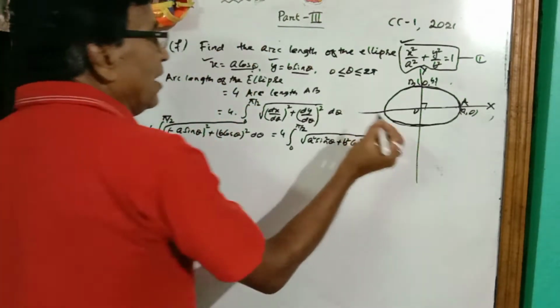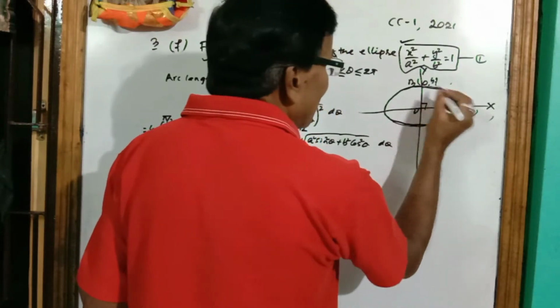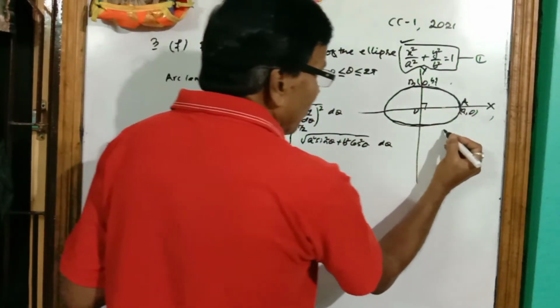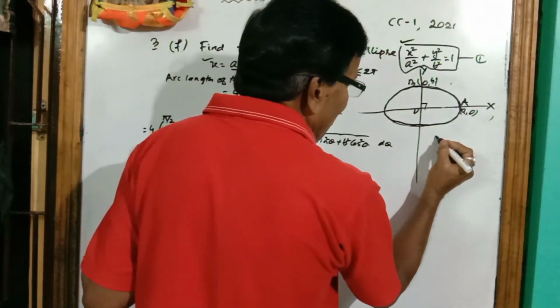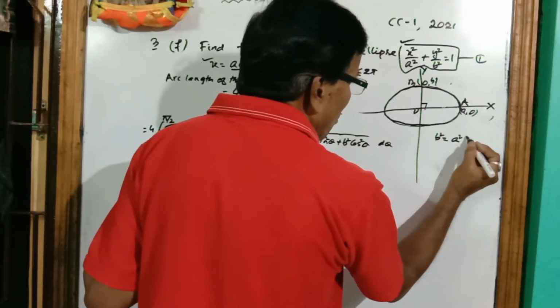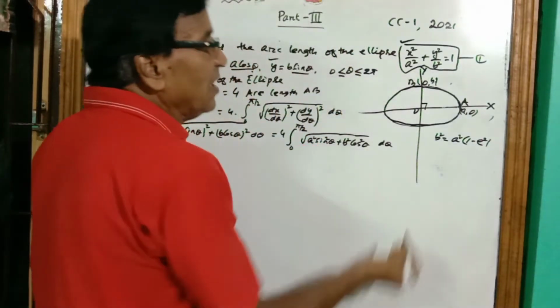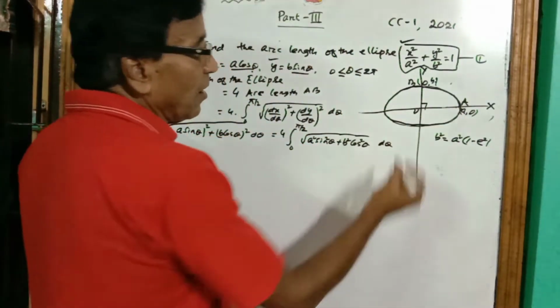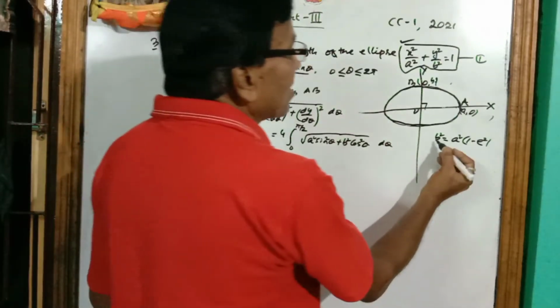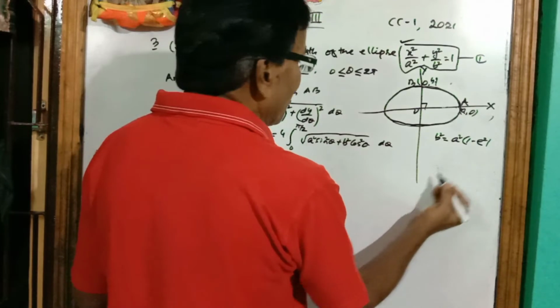Now in an ellipse we know that the eccentricity e of the ellipse is given by the equation b squared is equal to a squared into (1 minus e squared).